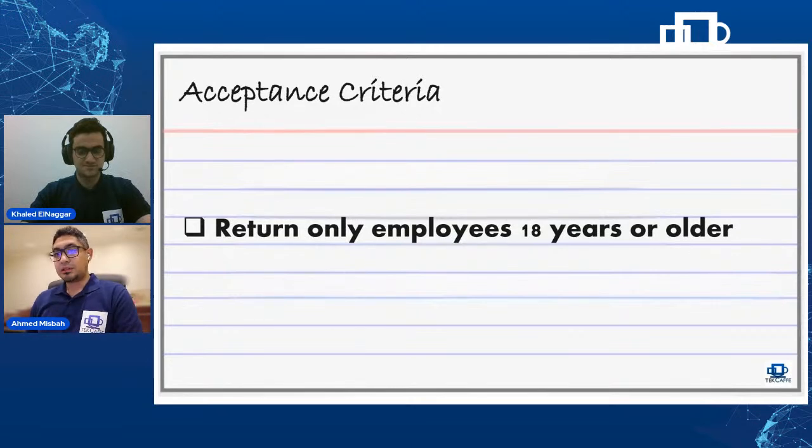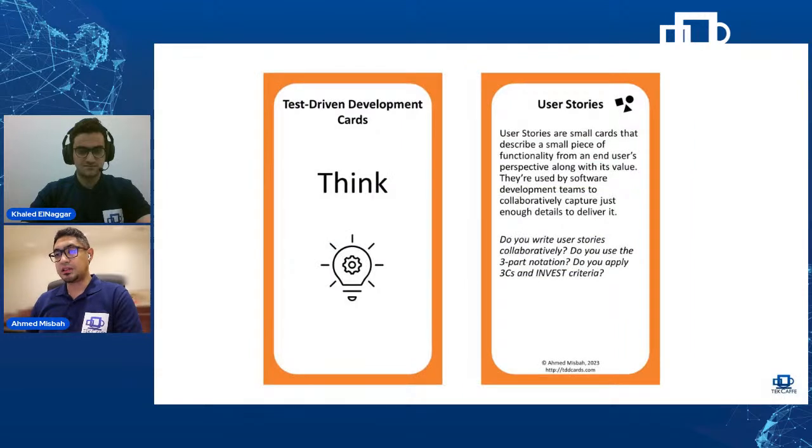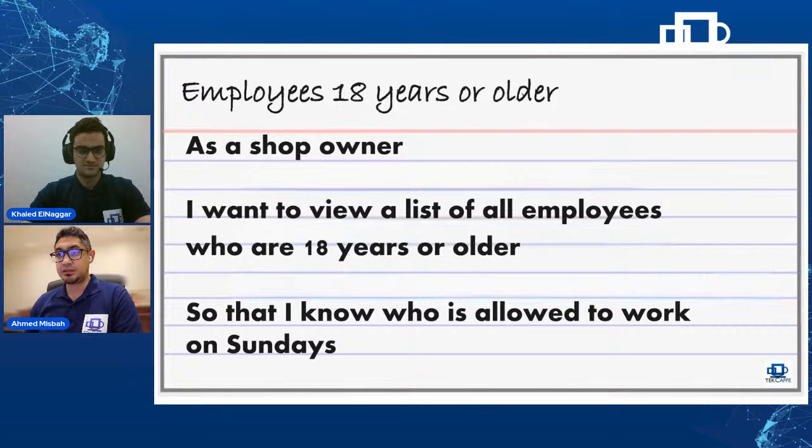Okay, that's great. So let's go back to the TDD card and see the questions that it raises. It asks whether we've written the user stories collaboratively, and the answer is yes, indeed. And it asks whether we've used the popular 3-part notation, and indeed, our user story does follow it.